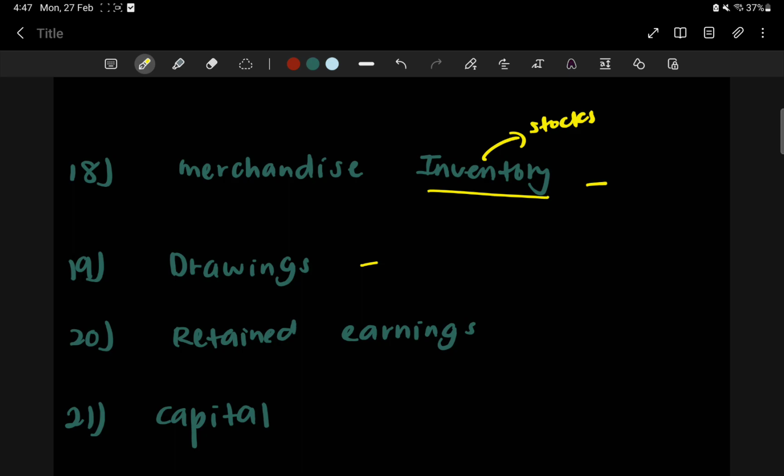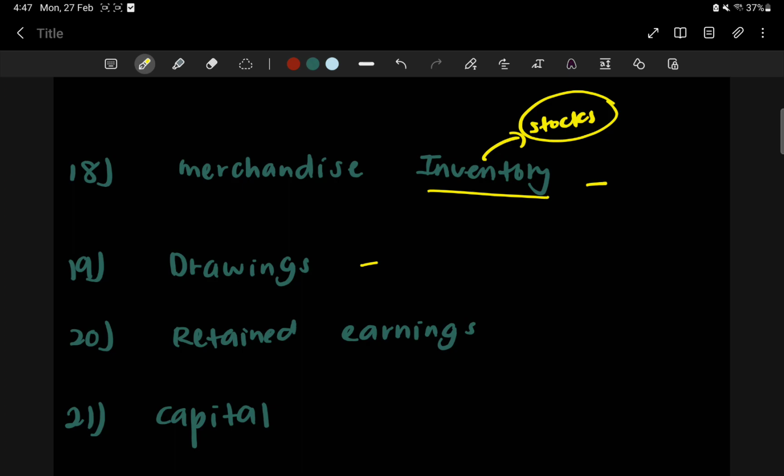Or a store like Watsons, which sells beauty care and stuff like that, has a lot of stocks. Whenever you have stocks of something, that is what we call inventory. We keep the stocks. They display the product as a sample, but we are going to purchase the stocks.